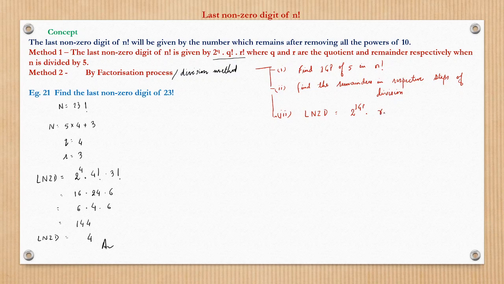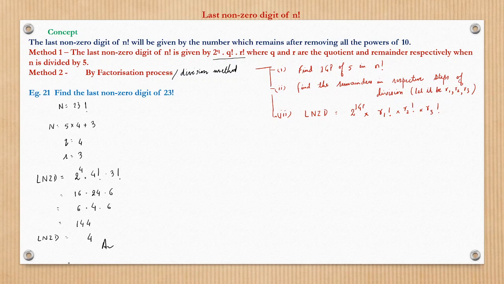Suppose there were three remainders, r1, r2, r3. Then it is r1 factorial into r2 factorial into r3 factorial. So this will be the last non-zero digit. It might look tedious, but it's extremely simple, and this can be used to find the last non-zero digit of any number.